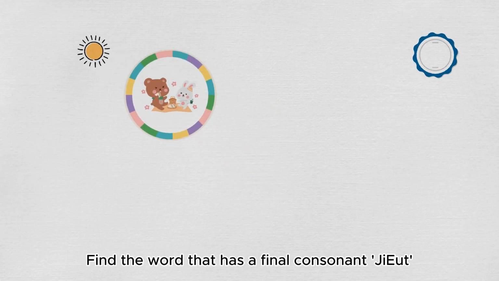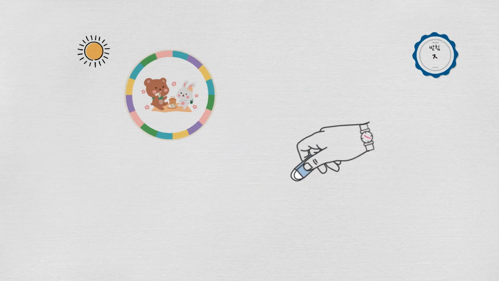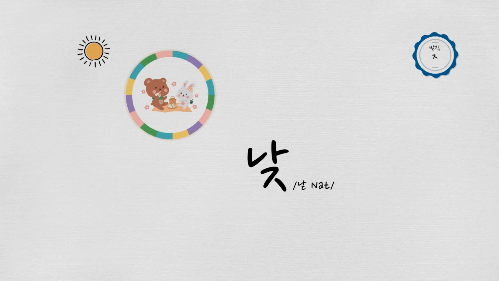Find the word that has a final consonant. 지읒, 나 plus 지읒, it's a 낮, day. 낮.